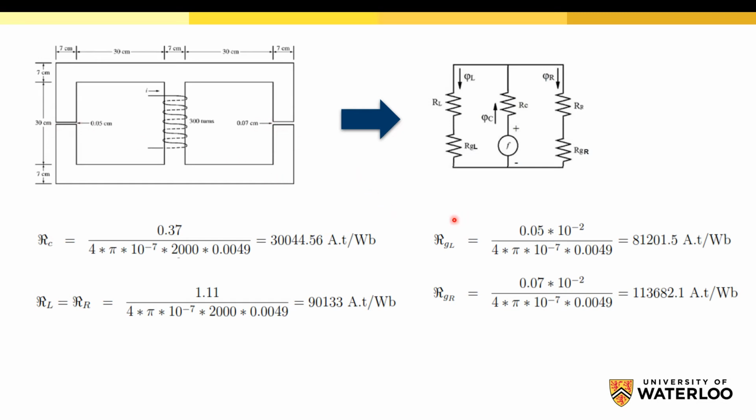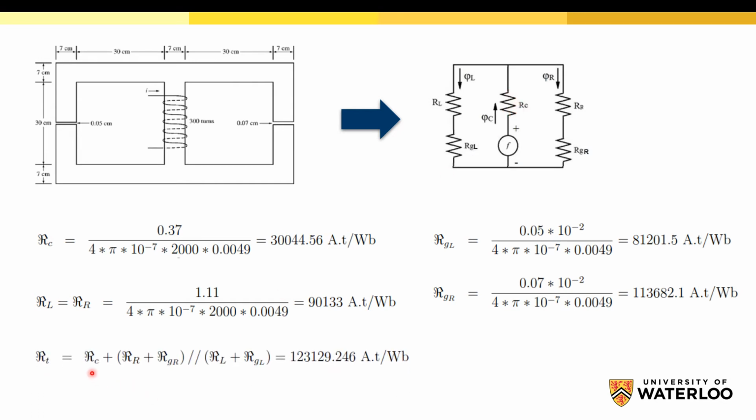Now we calculated all the reluctances. The next step is to calculate the equivalent reluctance. So we have these two in series and these two in series, then the equivalent of these two and the equivalent of these two in parallel, then in series with the center reluctance.